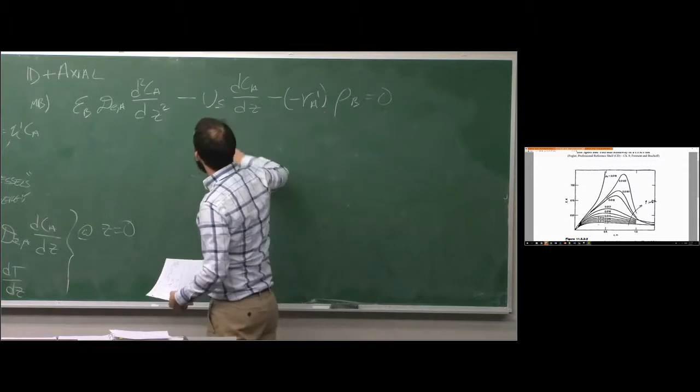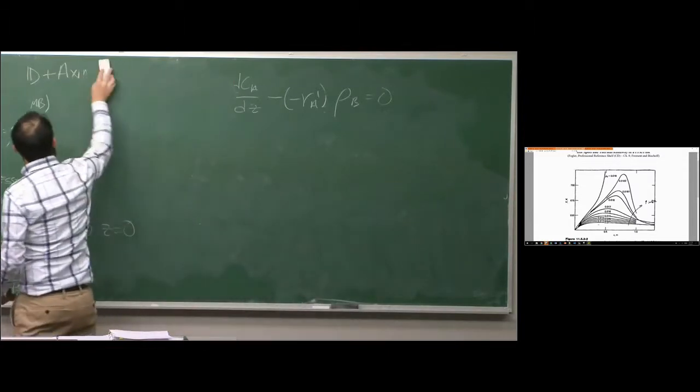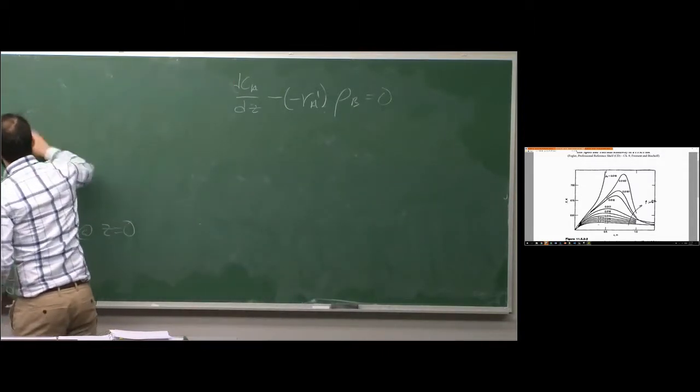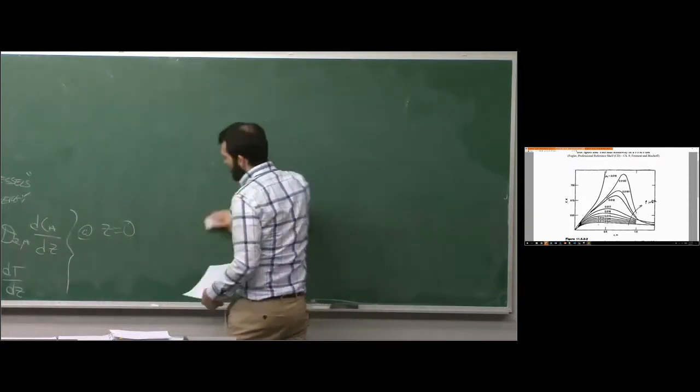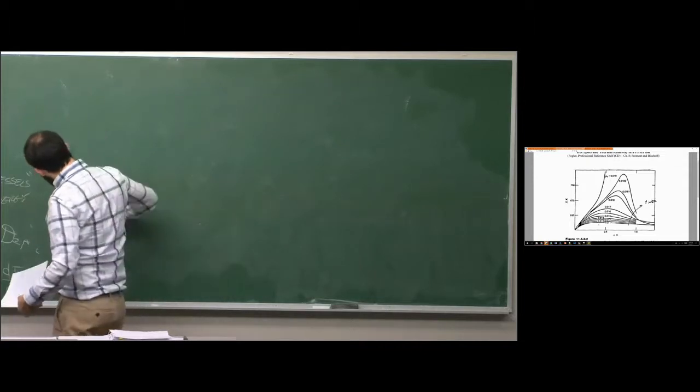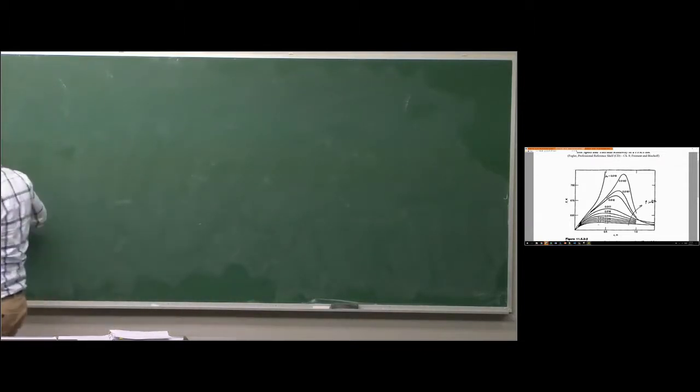It's not immediately obvious when these axial concentration gradients will make a difference. So what are some of the things it's going to depend upon? Is it going to depend upon the superficial velocity? Probably, right?